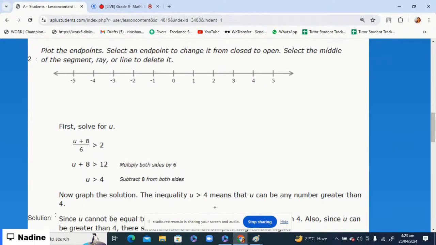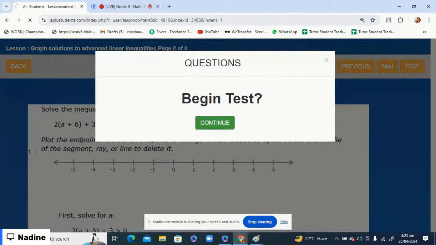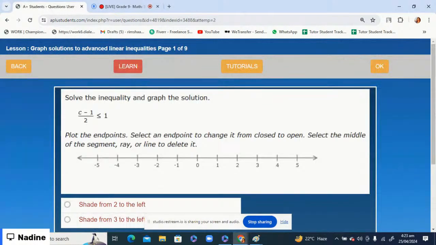Okay, let's do some test questions for that. c minus 1 over 2 less than or equal to 1. Let's do it.